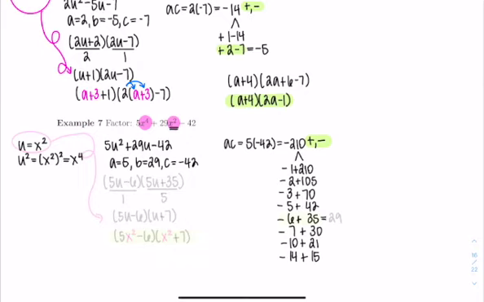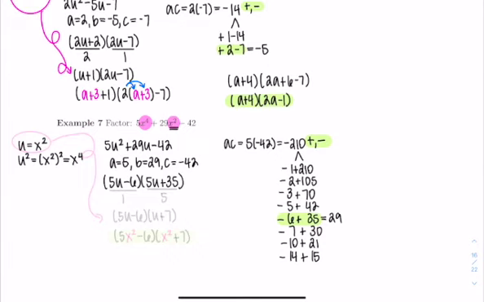Negative 6 plus 35 would give me 29. So remember, we pull that leading coefficient down into both, and we're going to split our u's. So we have 5u minus 6 and 5u plus 35.